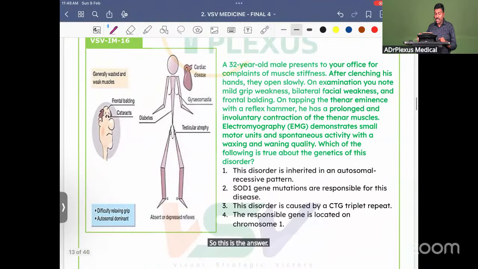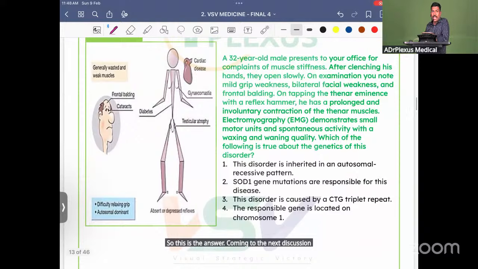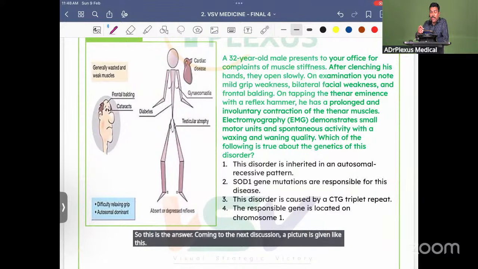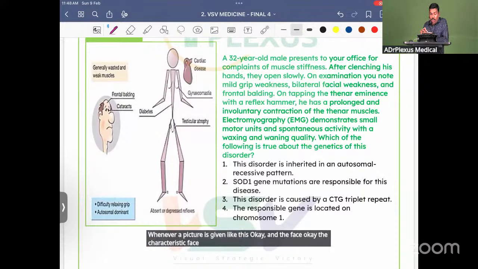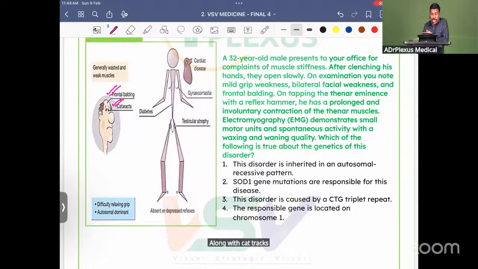Coming to the next discussion, a picture is given like this. Whenever a picture is given like this, the characteristic face shows frontal balding along with cataracts. That kind of face is called hatchet face.